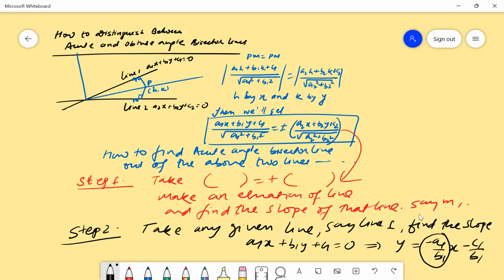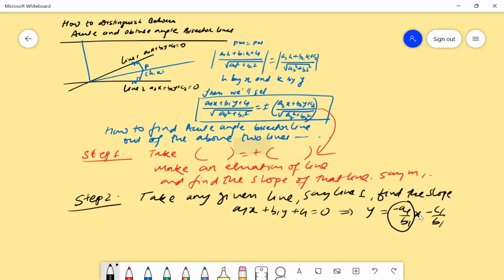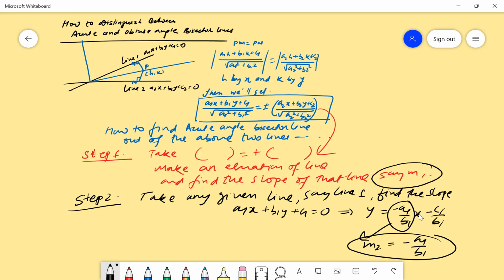So this would be the slope. Let this be m2. You have got two slopes: one from the plus sign line, one of the possible bisectors, which is m1, and then in step 2, you took line 1 and got the slope m2.